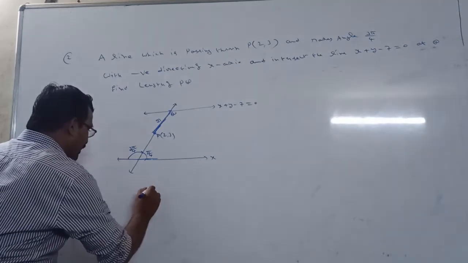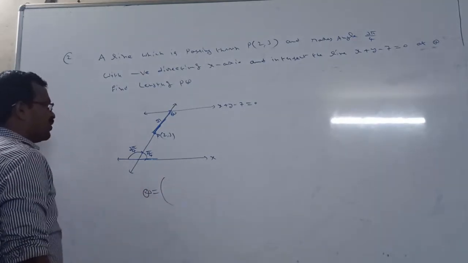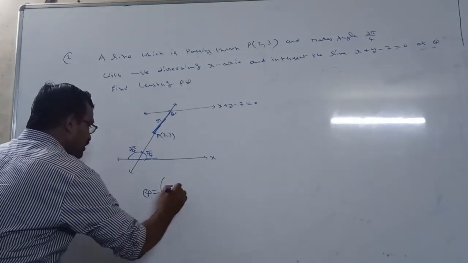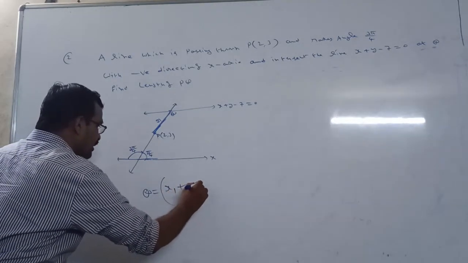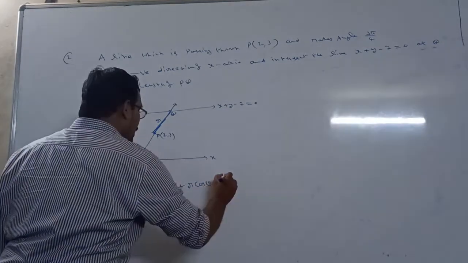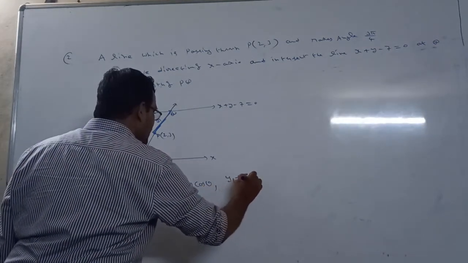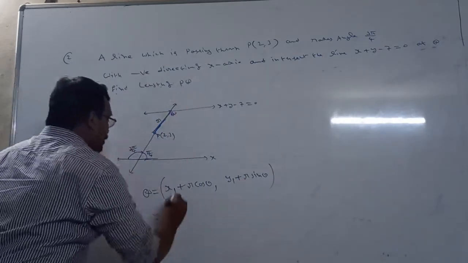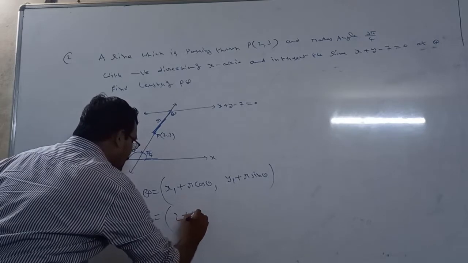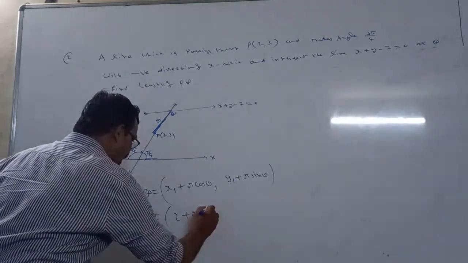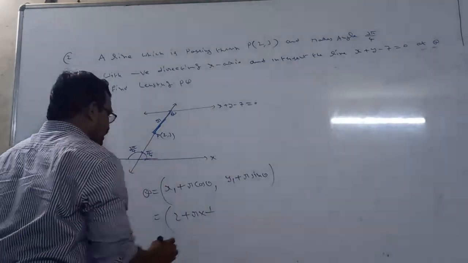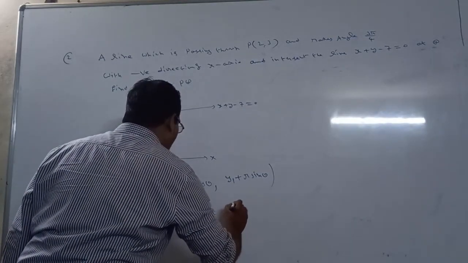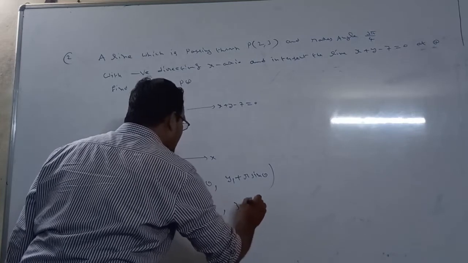So I use the parametric equation of the straight line to find the coordinates of Q. So x equal to x1 plus r cos theta, comma y1 plus r sin theta. x1 is 2, r is the unknown value, cos theta is cos 45 degrees, that is 1 by root 2. y1 is 3 plus r, which is unknown, sin theta.